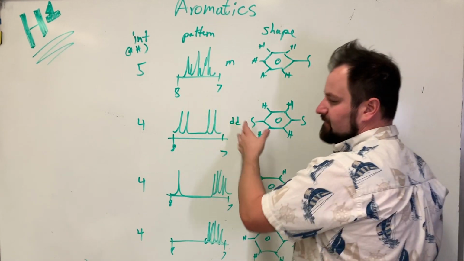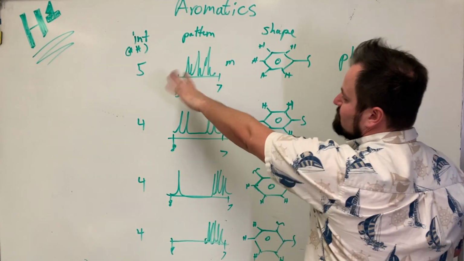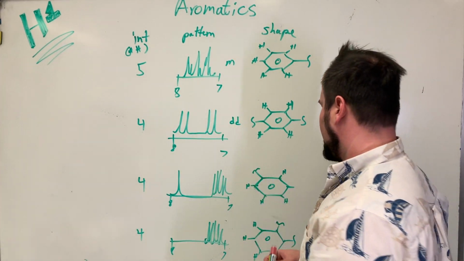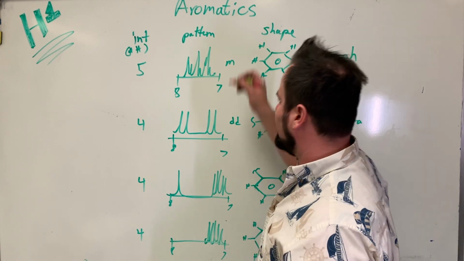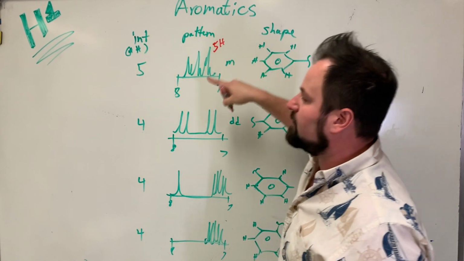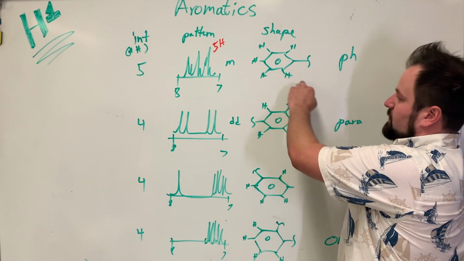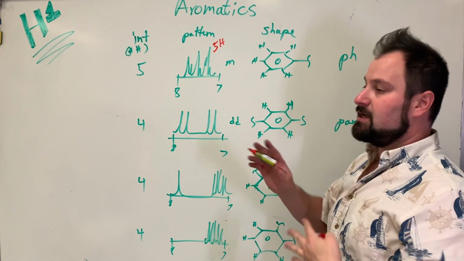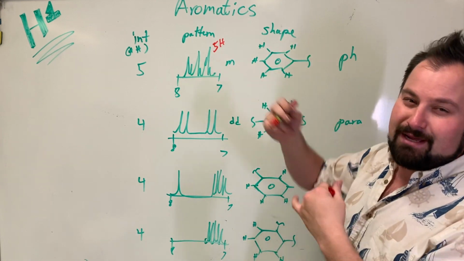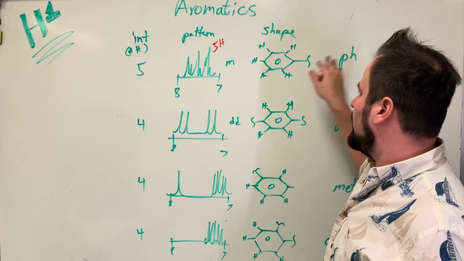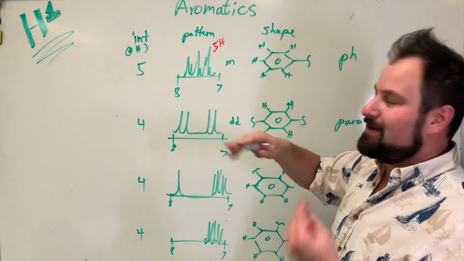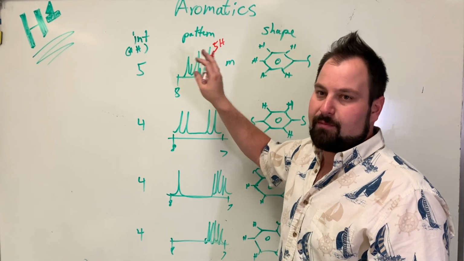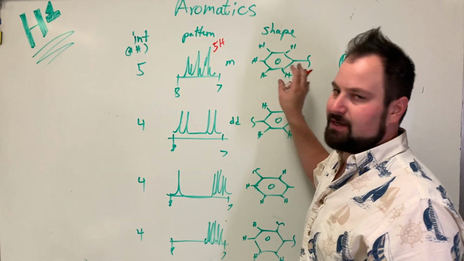If we have an integration of 5, and it's a mess, it's a multiplet, you don't even want to touch it, but it has 5 H's in that region, you're looking at a phenyl group. You have one connection to the aromatic ring, and the rest are hydrogens, and they overlap each other. Sometimes you can distinguish a little bit depending on what other groups you have here, but in general, if it has 5 things, regardless of how complicated or simple it looks, it's probably a phenyl group.